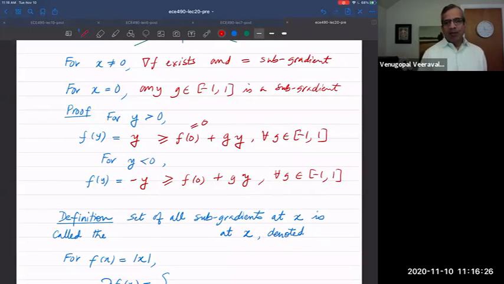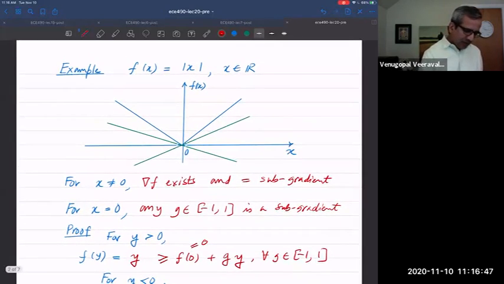Because at most, what can happen on the right-hand side is that you multiply by -1. In that case, both the left-hand side and right-hand side are equal. And for any g that's between -1 and 1, the right-hand side will be smaller. So this is basically another way of seeing exactly what we saw in this picture, which is that all of these lines form subgradients for this function at 0.